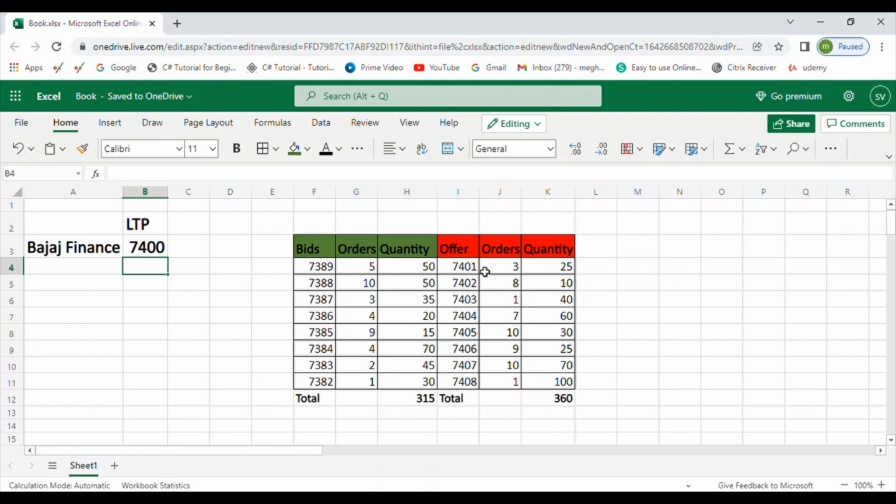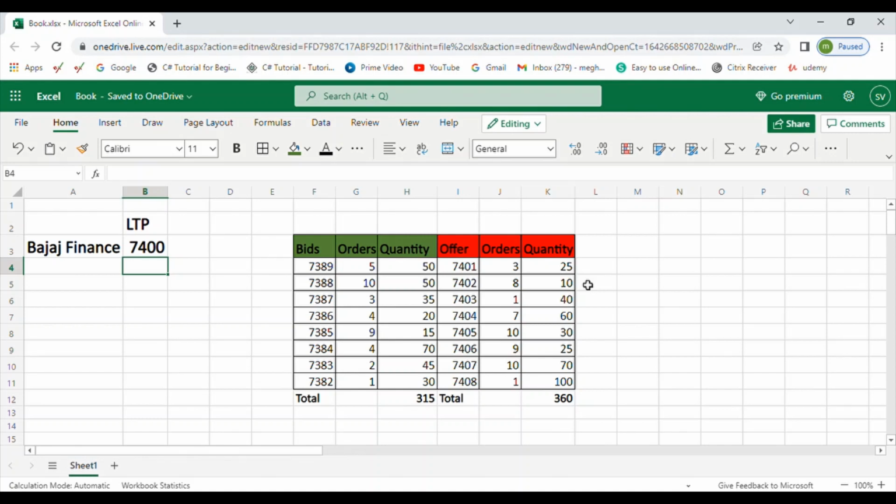He wants to sell his Bajaj Finance share at 7,401 rupees. Now, as there is no match between bid and offer price, the system won't execute this order, as there is no trade happening between buyer and seller. Then the last traded price will still be 7,400 itself.